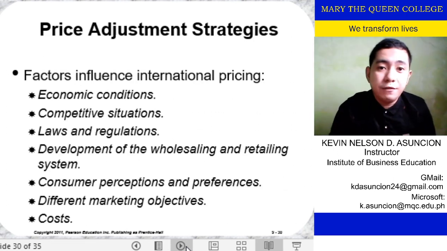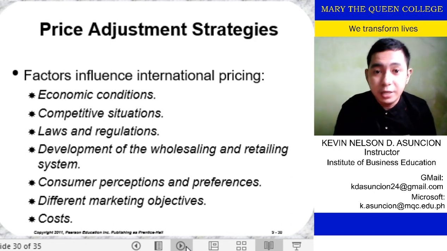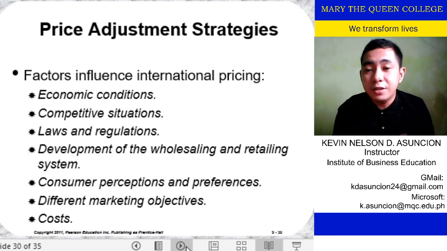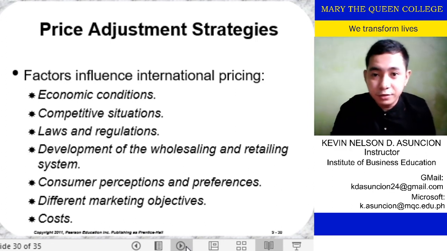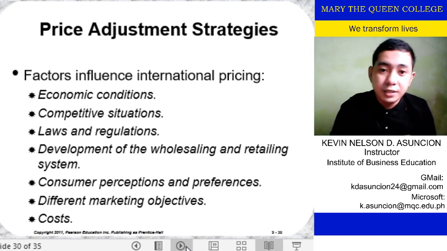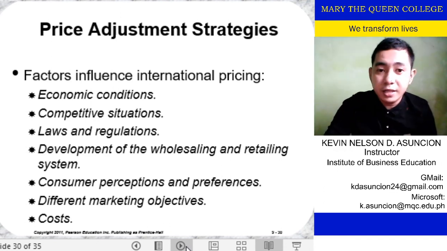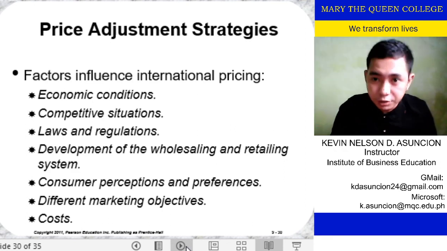So, factors influencing international pricing include the economic conditions, the competitive situations, presence of international competitors, laws and regulations, development of wholesaling and retailing systems, then consumer perceptions and preferences, laging nandyan yan, different marketing objectives, and of course, hindi ka pwede mag-price ng mas mababa because of the incurred cost from manufacturing and distributing the product at the very least.